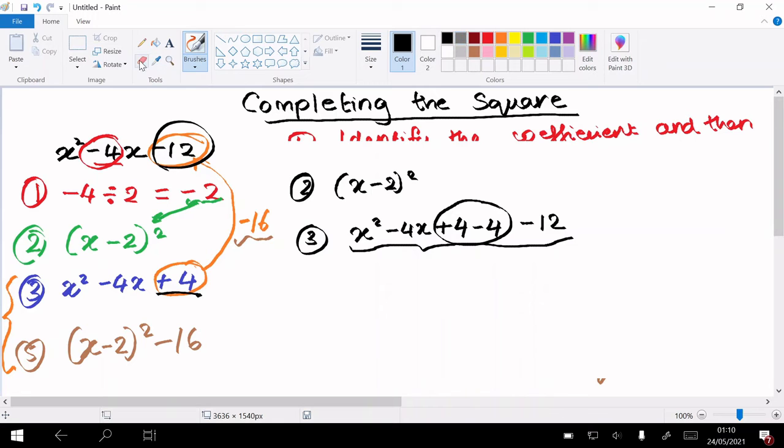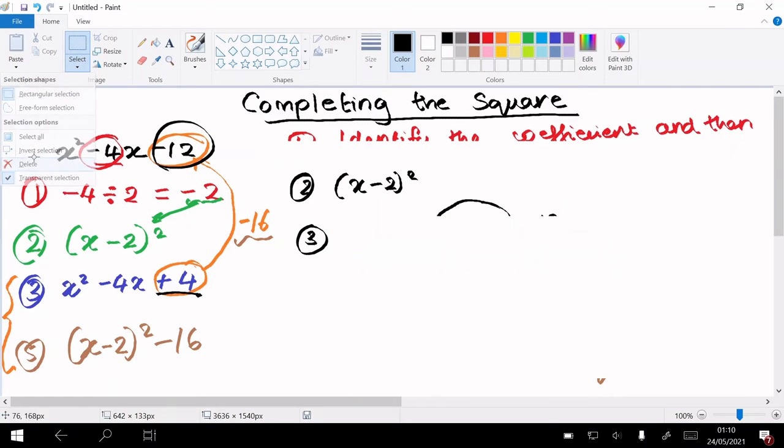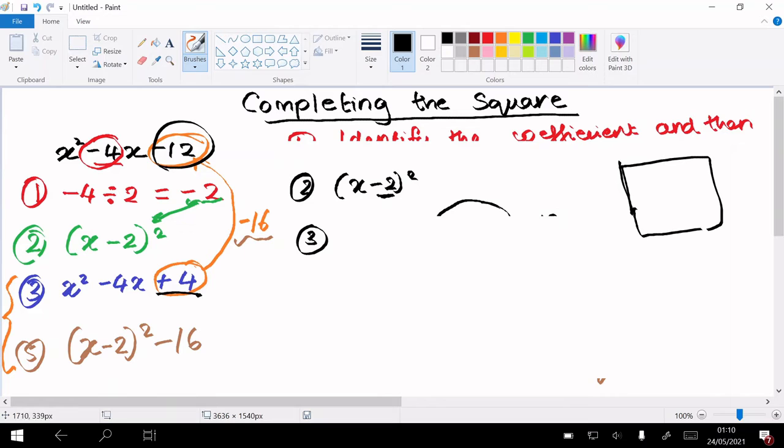What you do is you would just look at the number. So you would just look at this number and you will see, according to the quadratic expansion, you will know that the final number is going to be the square of this.